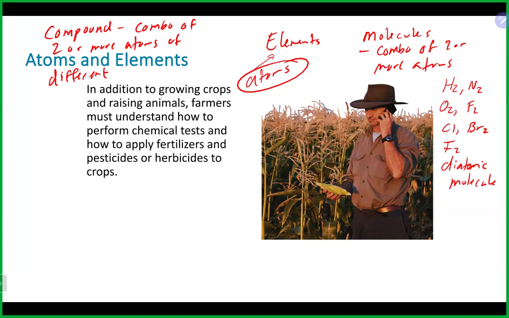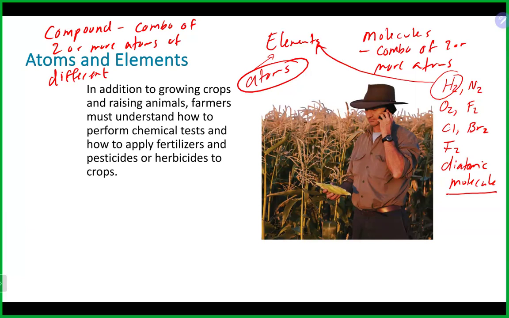Now, a compound, on the other hand, as I mentioned before, you need to have two or more atoms come together, but you also need the second part of that, which is you need two or more elements also coming together for it to be a compound. So each of these guys over here on the right are molecules. They are also elements, each of these guys, because they are only made up of atoms of the same element.